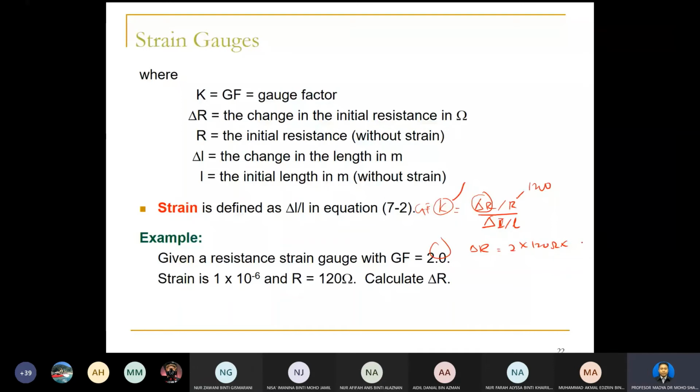So delta R, the change in the initial resistance, is 240 micro ohms. So this is the answer, and we proceed to the next one.